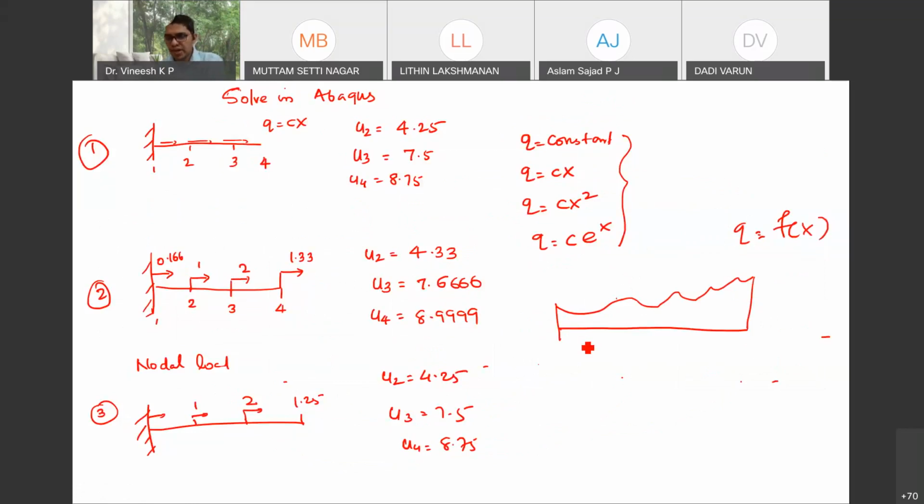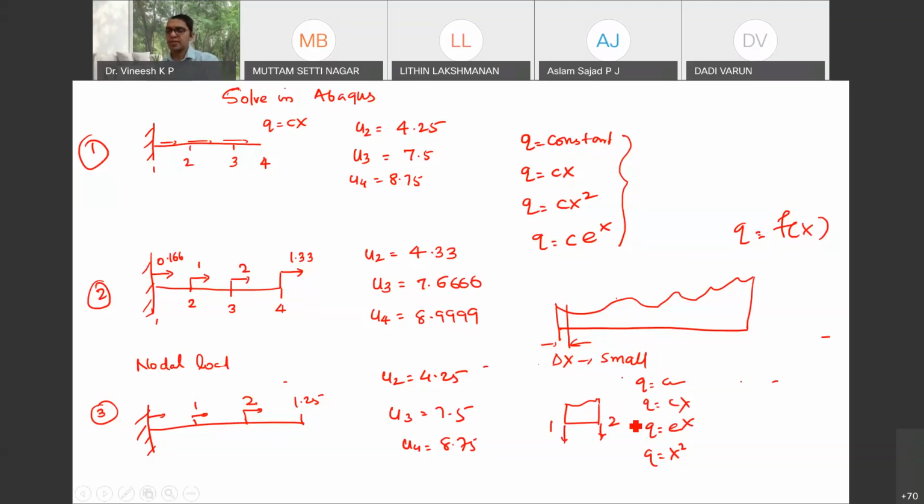But when your element size is so small, let's say the element is delta x, the loading onto that element, whether q is equal to a constant, q equal to cx, q equal to e raised to x, or q equal to x square, the difference between the two nodes will be much smaller.